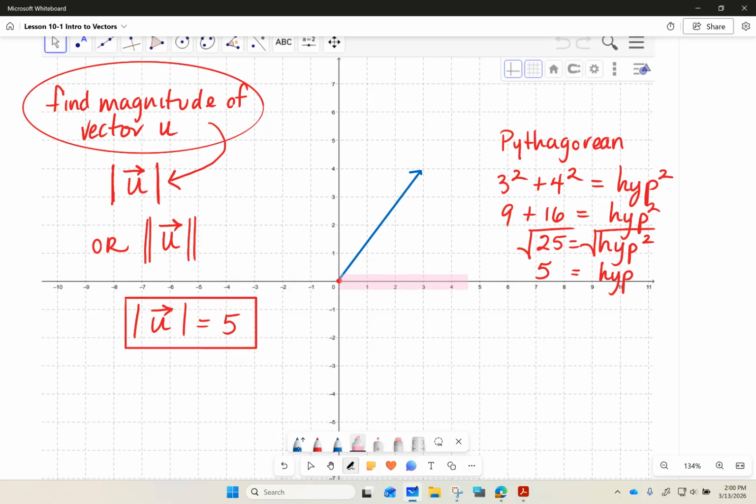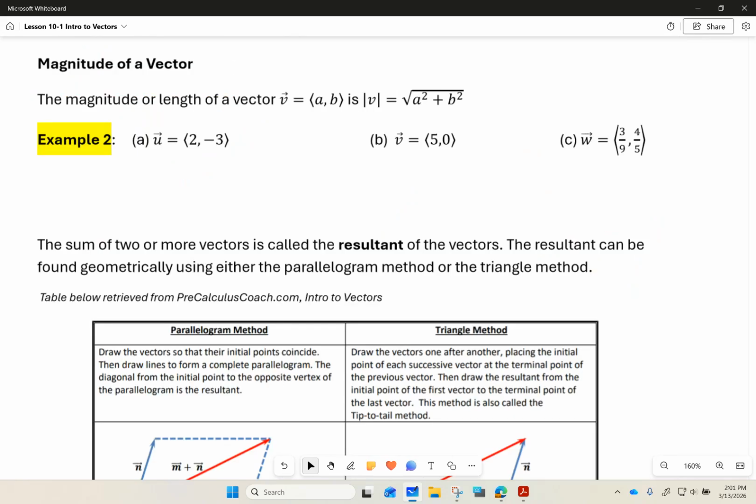It always has to be measured from this x-axis, and we are going to rotate counterclockwise. So in this sense, we would have to figure out what this angle is, and that angle would be your direction, okay? But we're going to just focus on magnitude, right? If you want to figure out the length of your vector, you will apply the Pythagorean theorem.